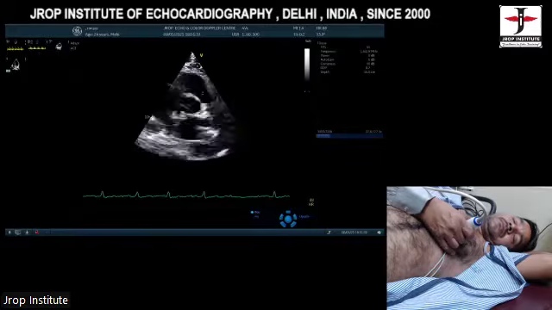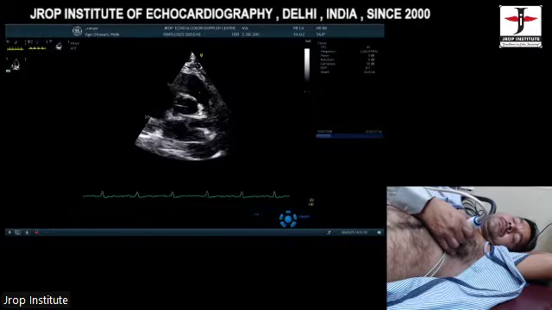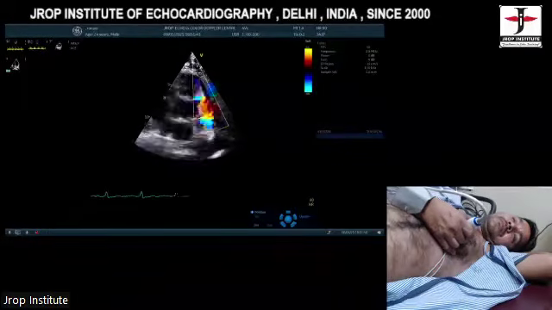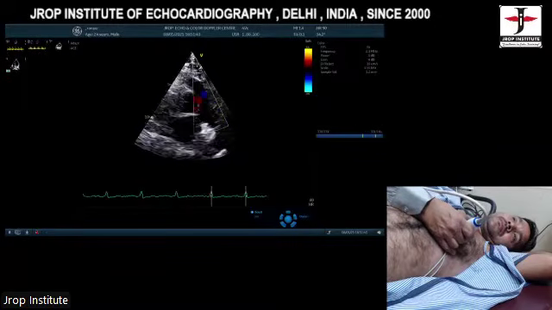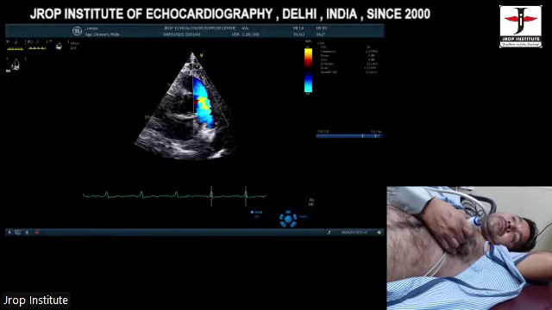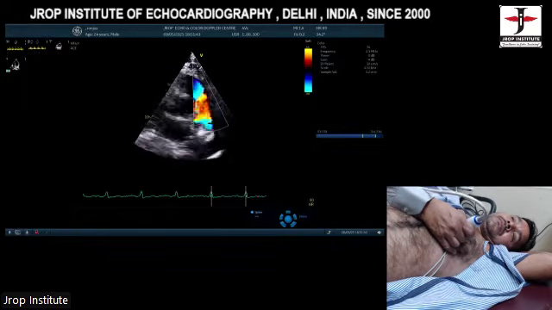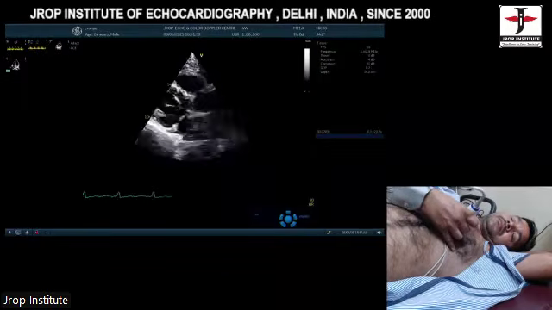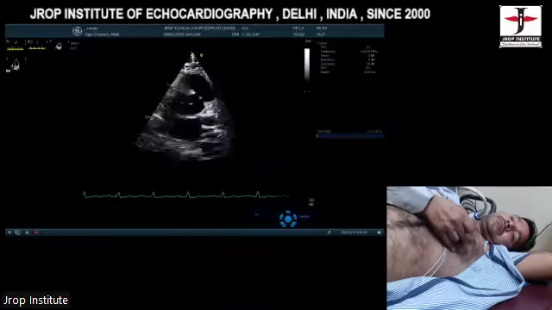The pulmonic artery is right over here. And this pulmonic artery is bifurcated. Look, the blood is going into two different directions. One is right and second is left pulmonic artery. So, step is parasternal window, rotate 90 degree.